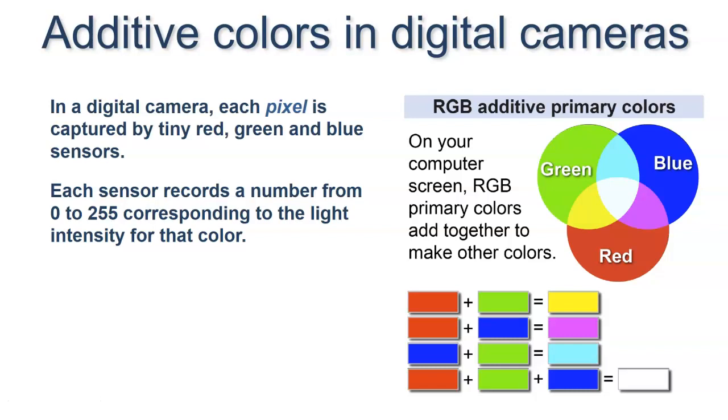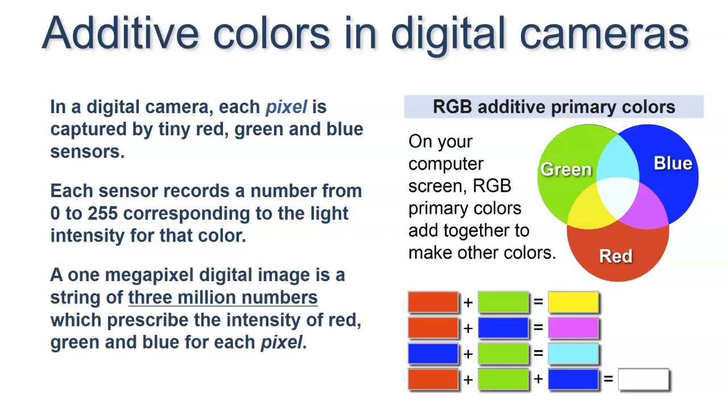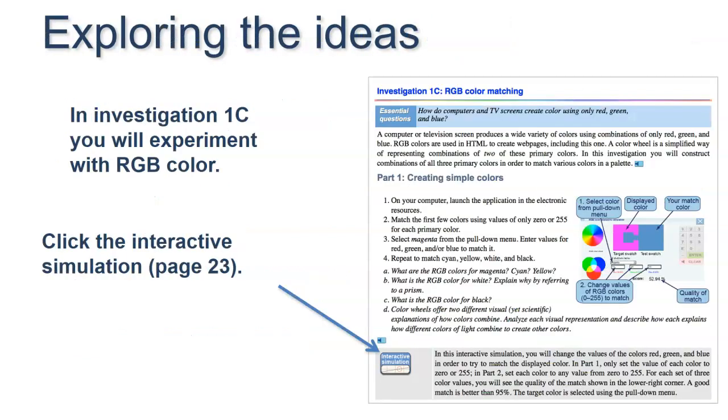None at all, and your phones and your cameras do that so quickly. So 1 megapixel of a digital image is a string of 3 million numbers, which prescribe the intensity of red, green, and blue for each pixel. So we're talking 1 megapixel, which is 1 million pixels, in a digital image, putting together 3 million numbers, and your camera just clicks just like that.